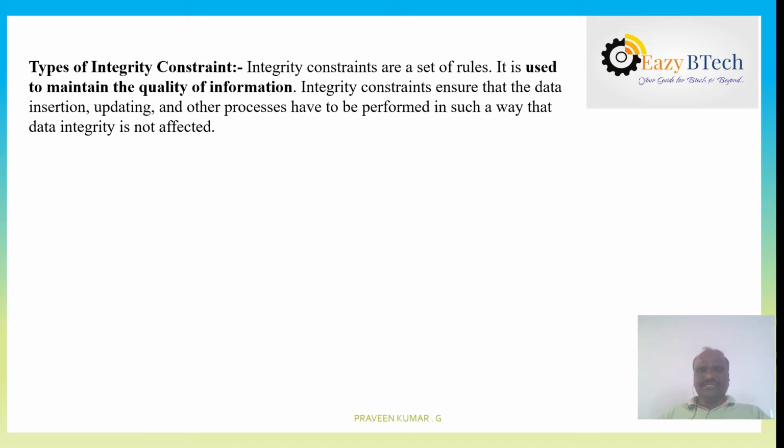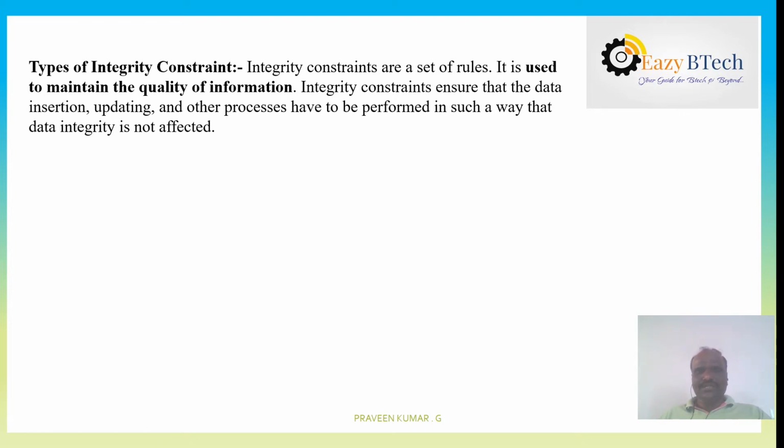If you want to construct any house or any database, first of all you have to frame rules. For example, if you are attending an entrance examination, such as an NPTEL exam or your BTech exams, suppose the exam starts at 10 o'clock, but the hall ticket instructions say the gate will be closed at 9:30. Why? There are some rules to maintain the quality of the information.